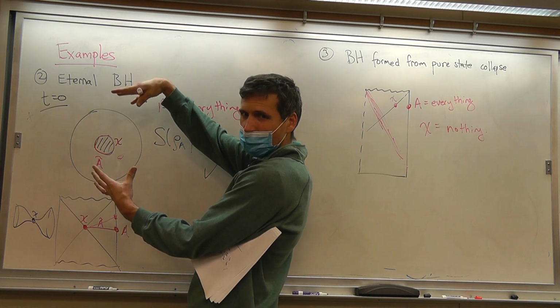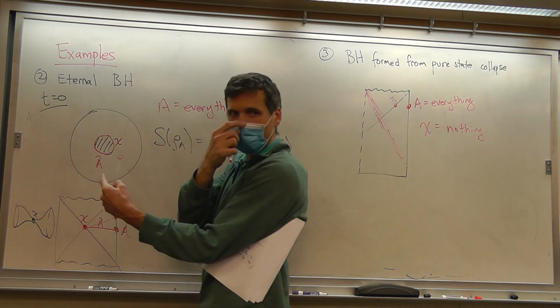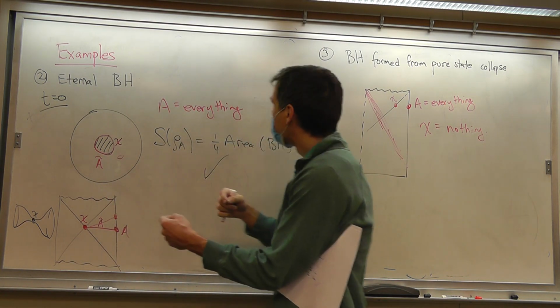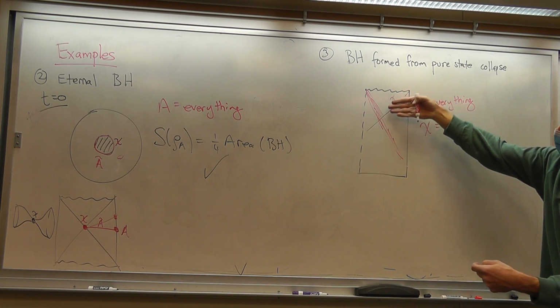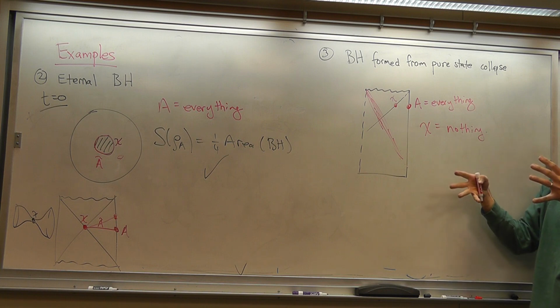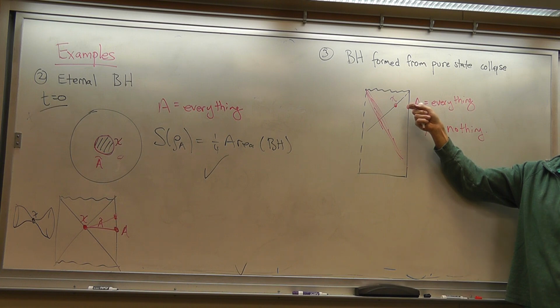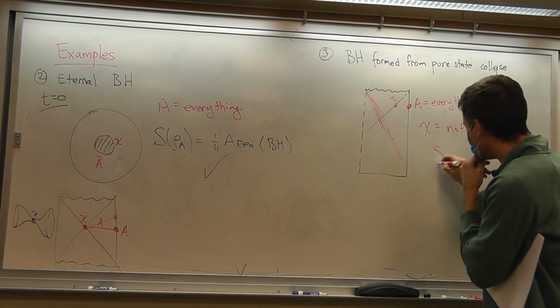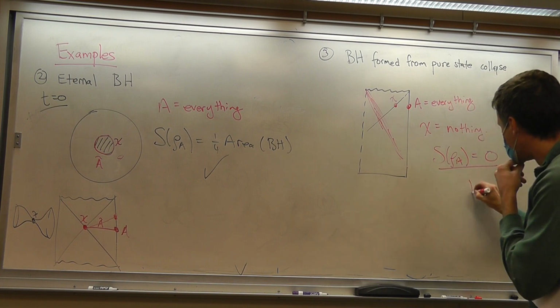It's not homologous to region A because the black hole's in the way. You won't be able to deform it to region A. But if you do the same trick here, you can take that surface, pull it back to early times before there was a black hole, deform it to the boundary, and then you can successfully deform the nothing surface to region A. And therefore, S of rho A is equal to 0.